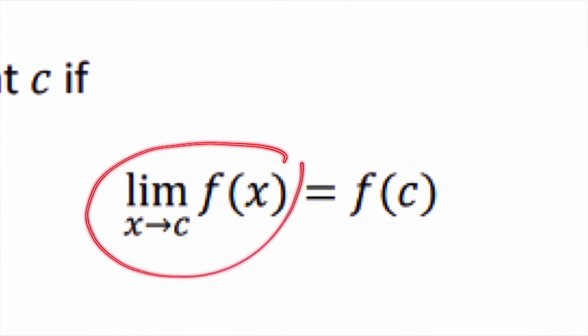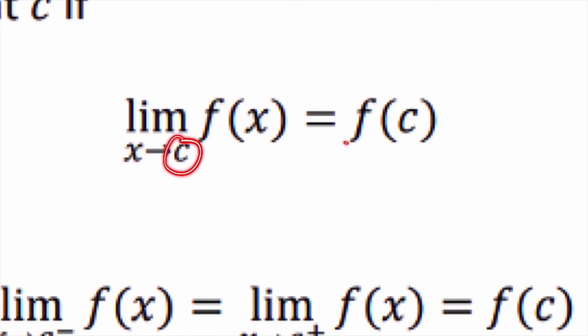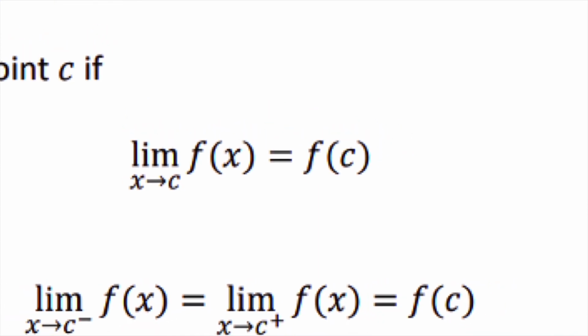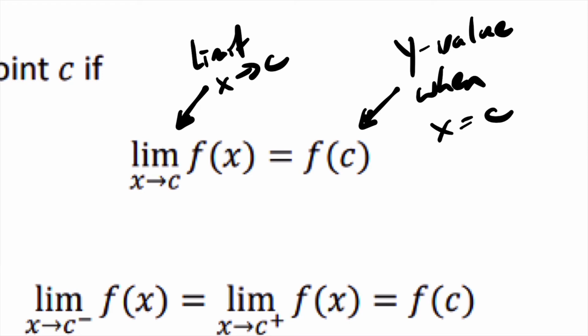The limit at some point, whatever x value this is, has to equal that y value. This is the limit as x is approaching c, and this is the y value when x equals c. Both of those have to equal each other.